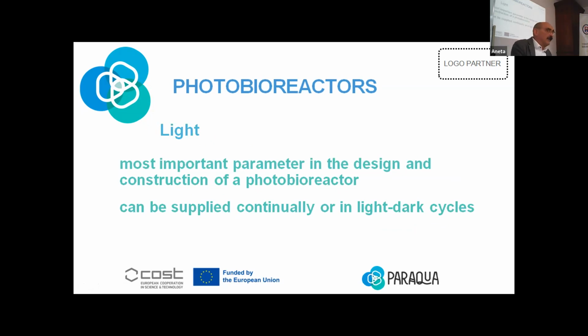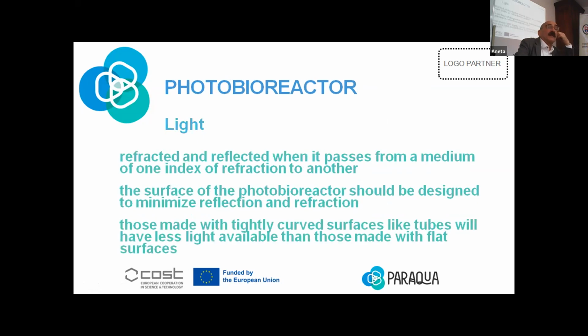And of course, depending on which species of algae you grow, you can supply the light continuously, or you can design the whole system so you can have dark and light cycles. Of course, the name is photobioreactor, so light is one of the most important parameters.